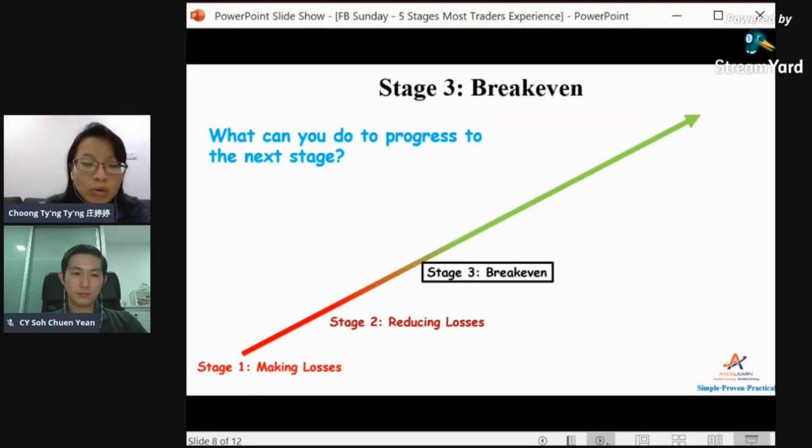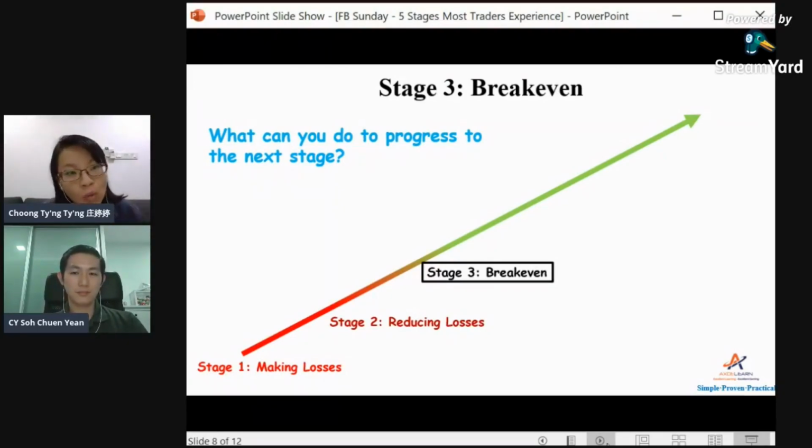I repeat my statement now: from stage 1 to stage 3, you can actually copy and paste other people's trading strategies. From stage 4 onwards, you shouldn't copy other people's strategies. But for stage 1 to stage 3, if you do not know how to start, at least you can copy other people's strategies and systems.